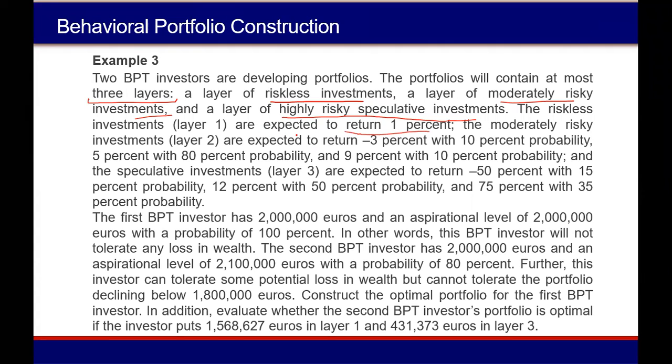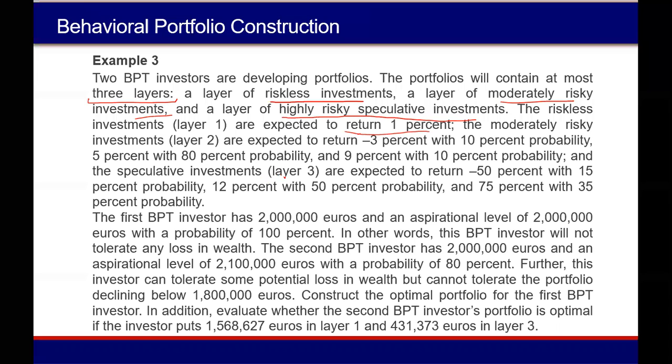The moderately risky investment has an expected return of -3% with 10% probability, 5% with 80% probability, and 9% with 10% probability. You can easily get the weighted average return of layer 2 by making a weighted sum.